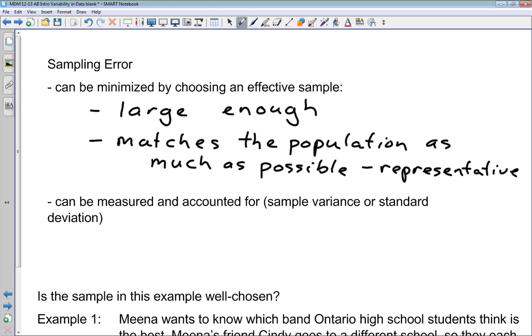Now, sampling error, you're never going to eliminate it entirely, but you can measure it, and you can account for it, and you can be honest about it. There are ways of saying specifically what you think your sample error is, and that allows you to put the results that you get, or your information, into context.